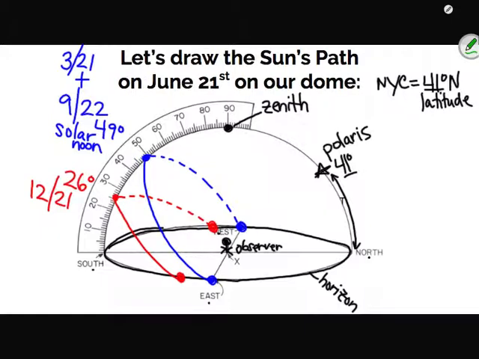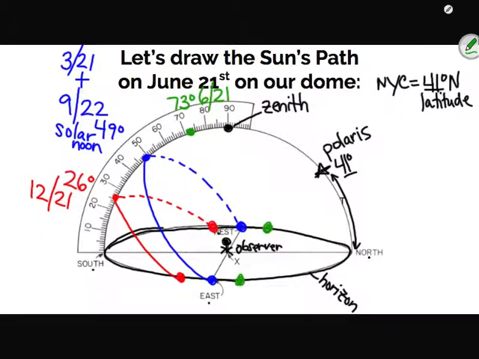Remember, you can pause this at any time if I'm going too fast for you. And then on June 21st, the sun is going to be really high in the sky. This is our summer solstice, and it's going to get up to 73 degrees above the horizon. And we're going to label this 6/21. It's going to rise a little bit north of east and set a little bit north of west.